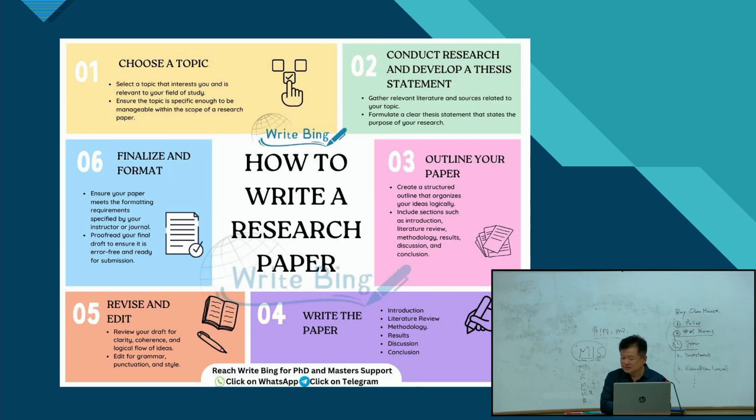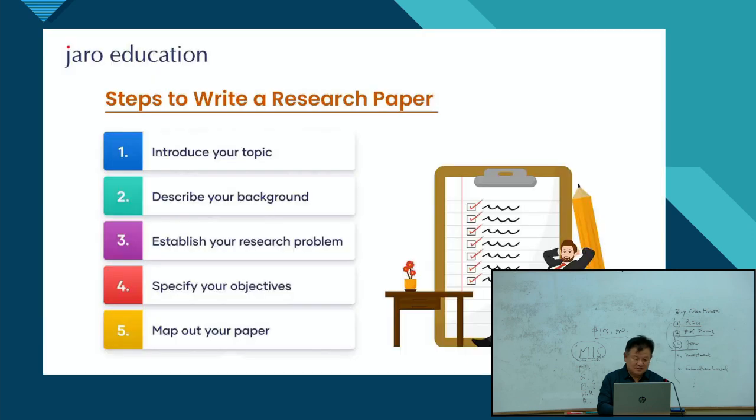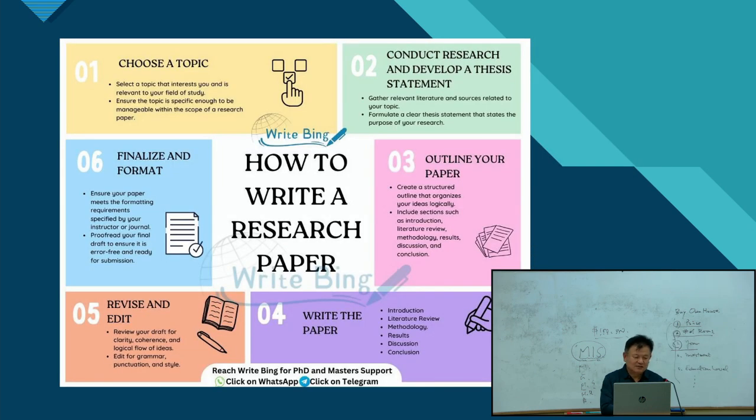Another picture shows that the first step is to choose a topic. It is the introduction to your topic. The second part is the body of your research paper: conduct research and develop a thesis statement. So get the relevant literature survey and relevant topics, and then formulate a clear thesis statement. The next part is to outline your paper, creating structured outlines.